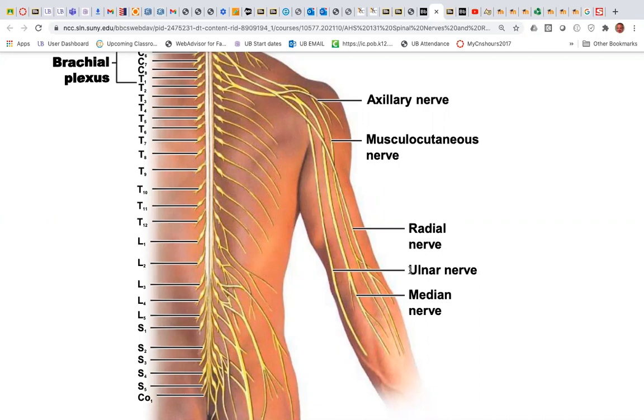Flexor digitorum profundus has 4 tendons that come off of it. One tendon goes to the 2nd digit, the other goes to the 3rd digit, the other goes to the 4th digit, and the other goes to the 5th. So the tendons that go to the 4th and 5th digit get innervated by the ulnar nerve.